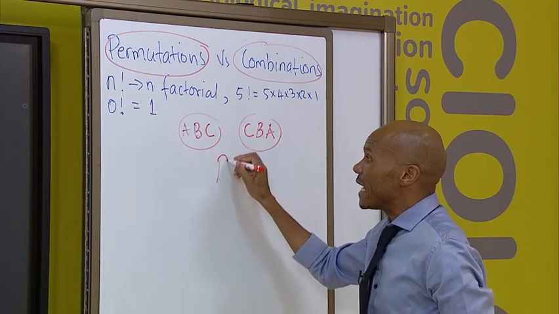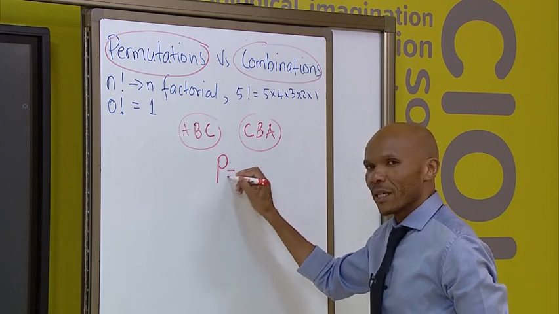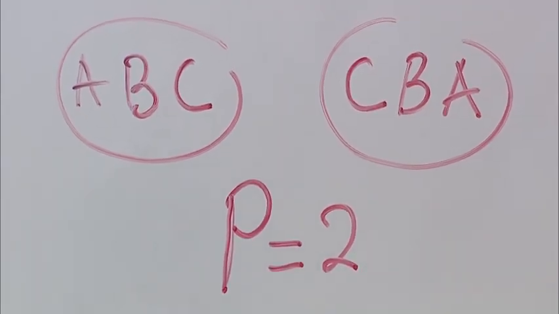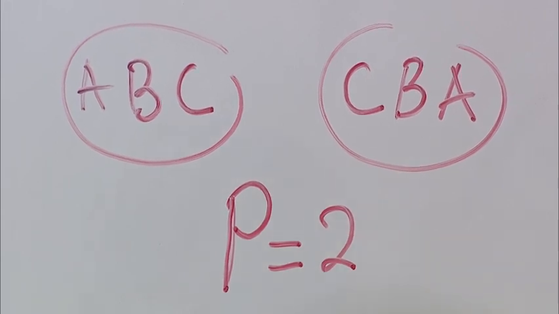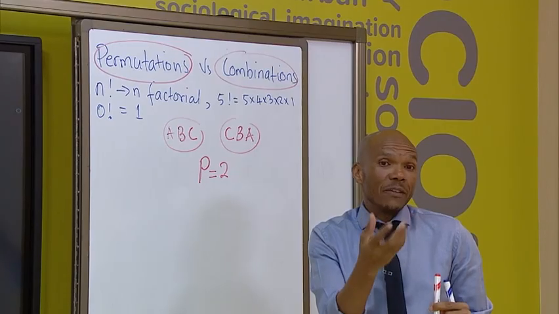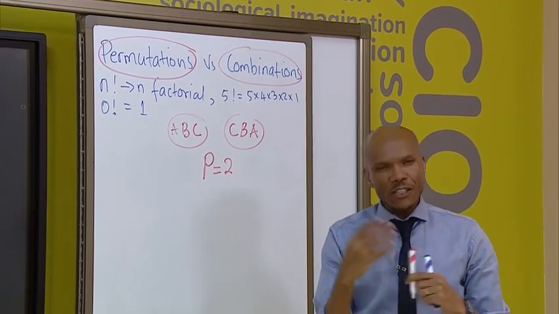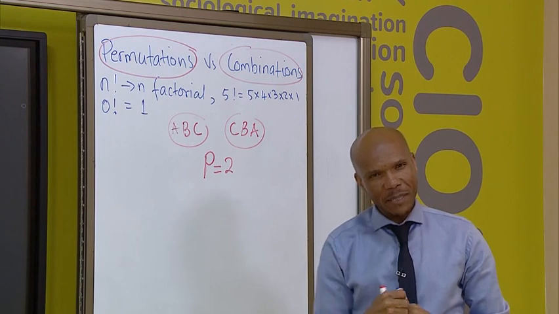So we're going to say, therefore, the permutation is what? Is 2. Why? Because the arrangement is different. It's like if you have a bank card and you have a PIN code, and this PIN code is a 4-digit PIN.